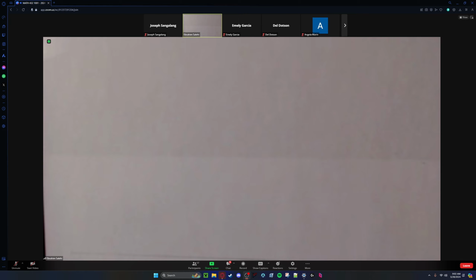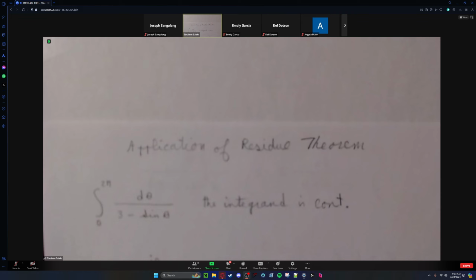Yeah, last time, as part of applications of the residue theorem, I told you that in calculus we have a bunch of integrations where we don't know the exact value of the integral, but we can convert it.